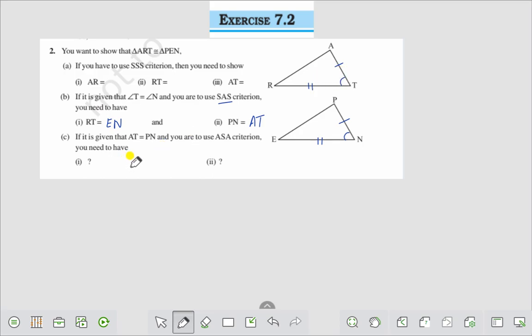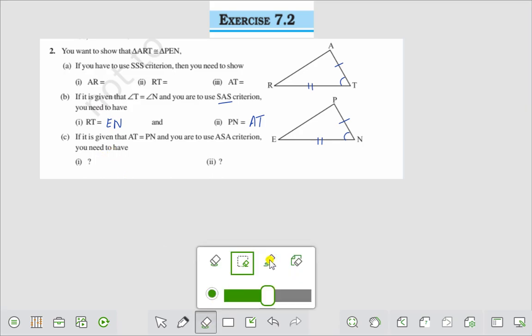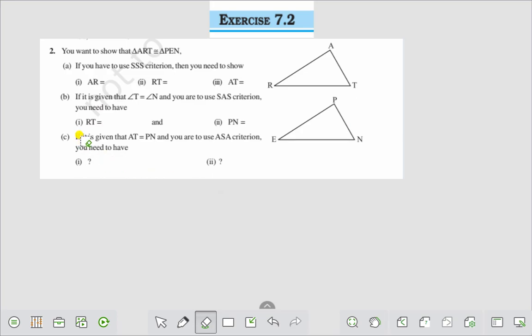Now we shall solve question number C. If it is given that AT is equal to PN side, right?